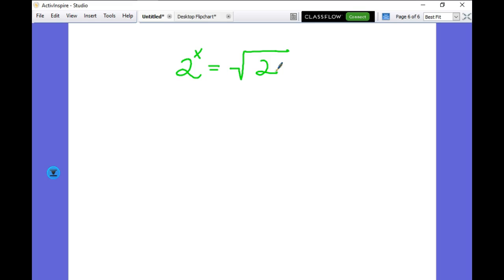In case you guys don't remember, if you have a number in here, we'll call it b, you're going to have a root here, and you're going to have an exponent here. Okay? So this can actually be written like this.